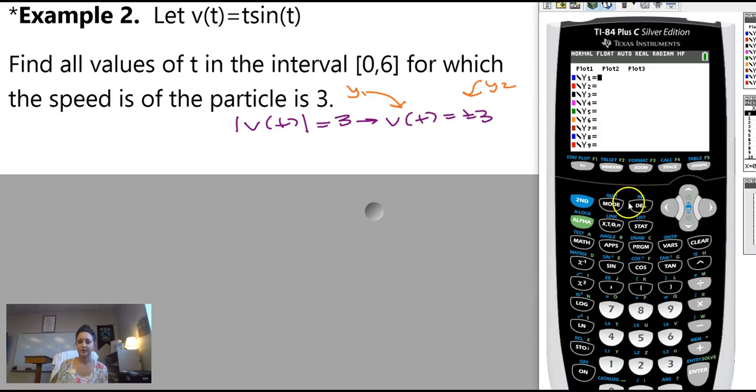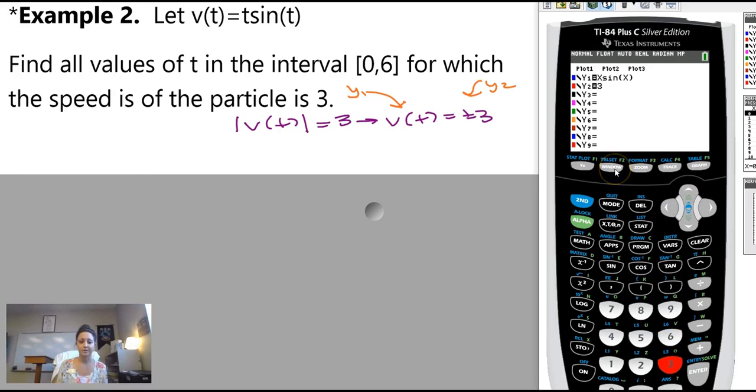So I am going to put v of t in y1, which was t, and we're going to use x if you're on an 84. So x times sine x. Then I'm going to put 3 into y2. I do my intersections pretty quickly, so I think it will work better for you if you just focus on 2 graphs at a time.